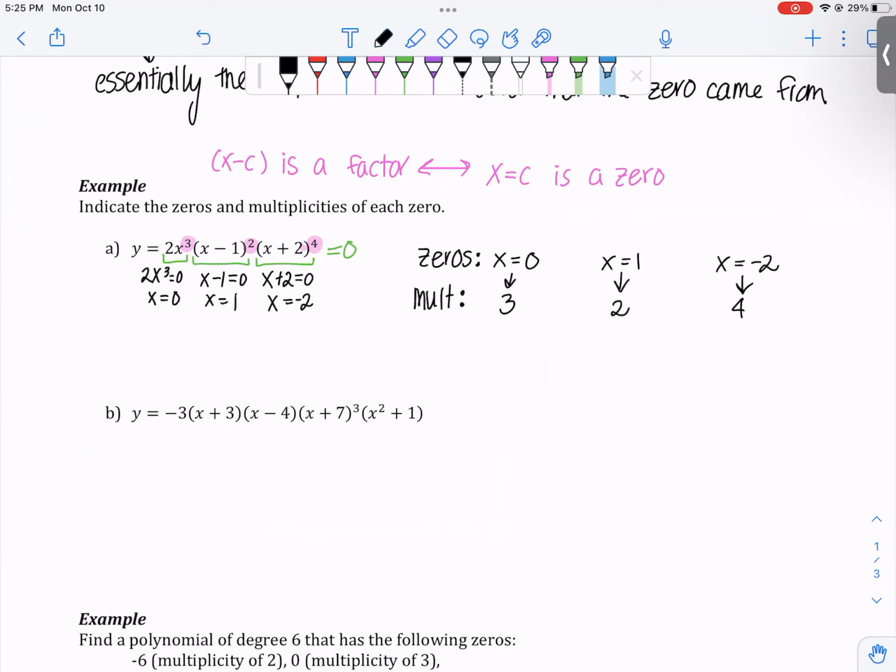So if I take this first one, this is going to give me a zero of x equals negative 3. And for the multiplicity, there's no exponent, so it's a secret 1. If there's no exponent, there's a secret 1, which means the multiplicity is 1.